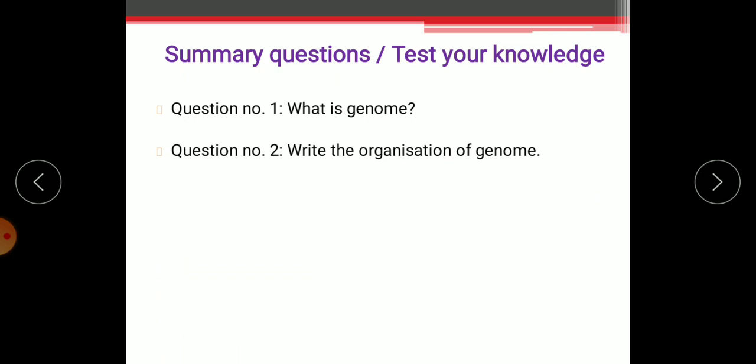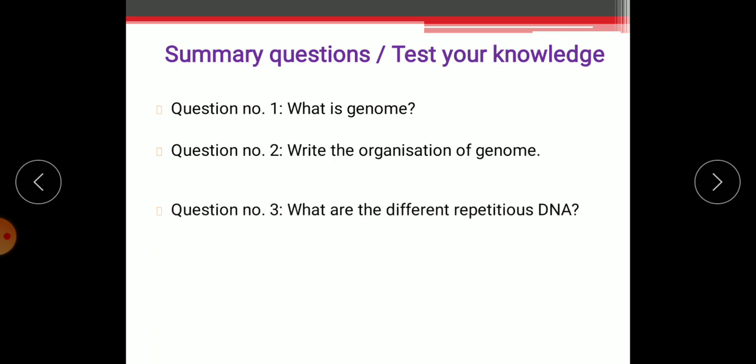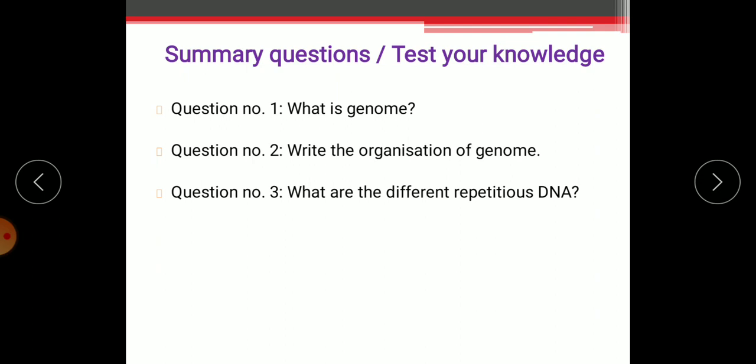In the organization of genomes, we have learned the different terminologies, and also the simple sequence DNA and the moderate or intermediate type of DNA. Next, the repetitious DNA, which consists of the simple sequence and moderate DNA. Genome organization mainly involves histone proteins, with which the protein octamer forms, and with the DNA the nucleosomes and chromatosomes form.